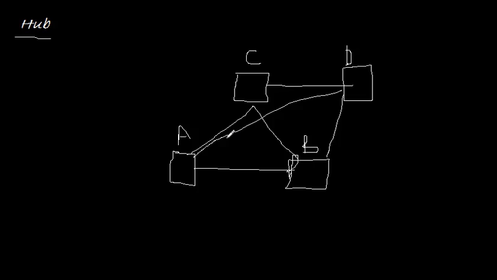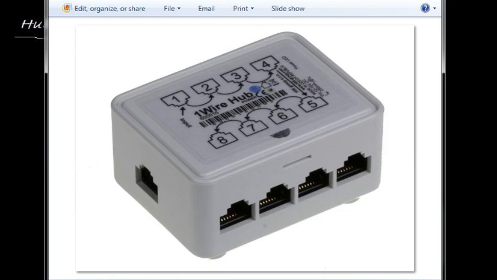But the one we are talking about is an Ethernet hub, and it can come in something like this. This hub has 8 ports, so that means we can connect 8 computers using this one hub. There are 4 ports this side and 4 ports on the other side. This is a typical hub.